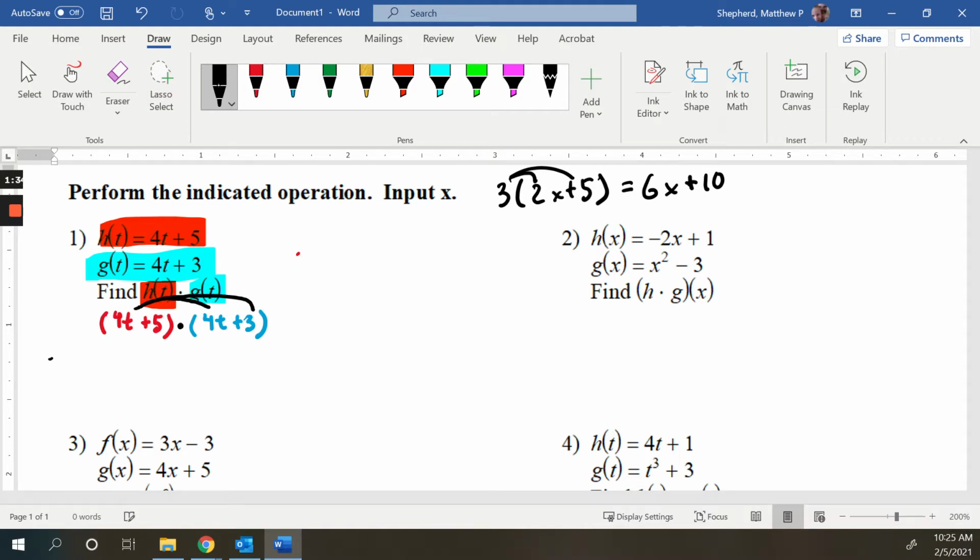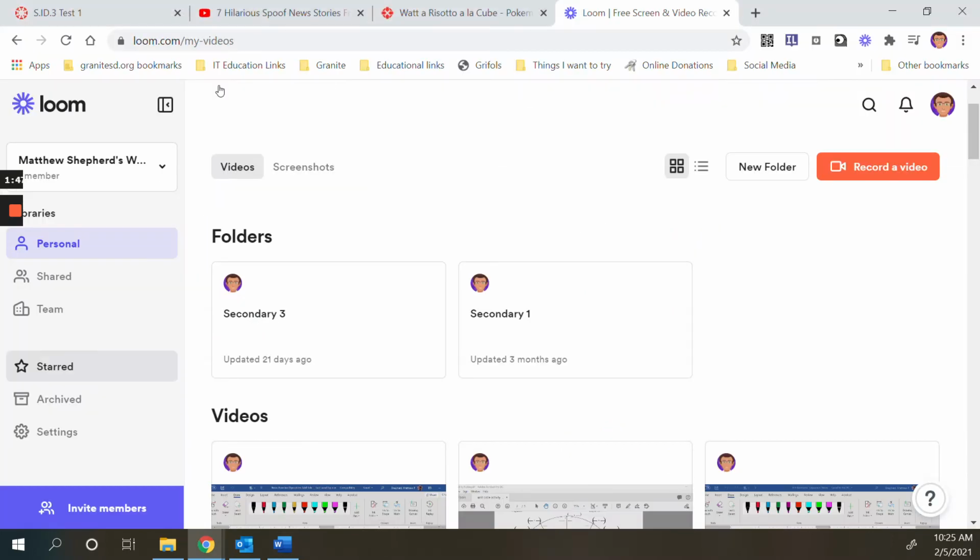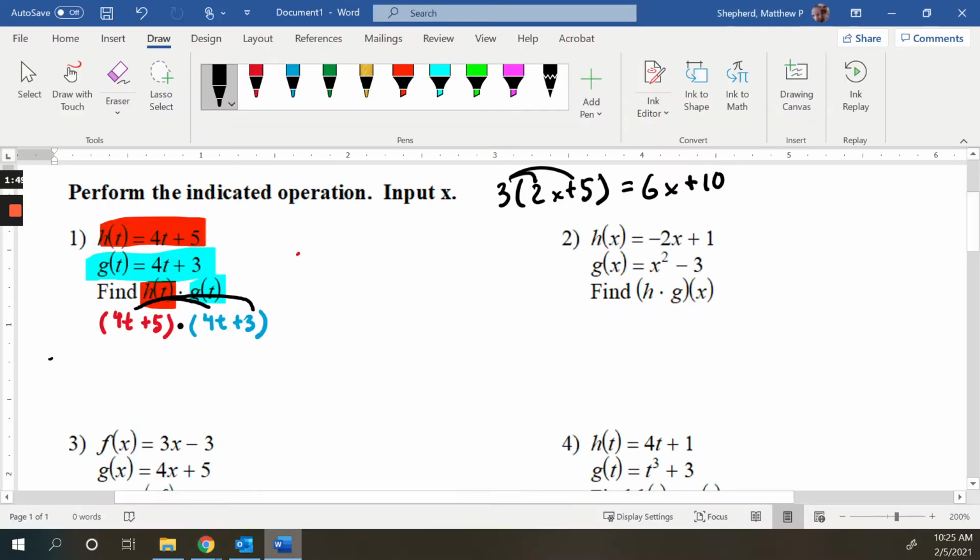Same kind of distribution up here, we're just going to multiply this red 4t by both of the terms inside the blue parentheses. So 4t times 4t would then give us 16t squared, because there were two t's. And then 4t times 3 will just be 12t.